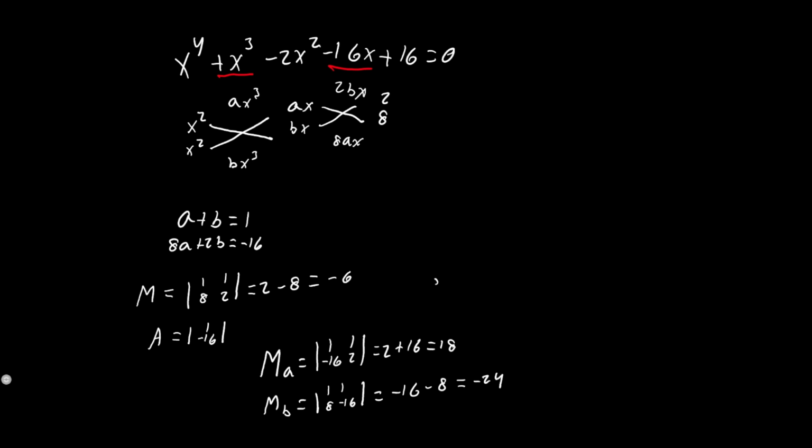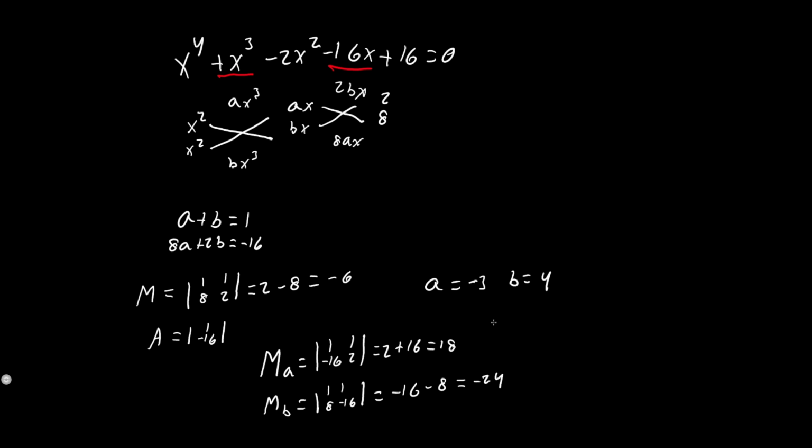So we get A is equal to negative 3, and B is equal to 4, since 6 times 4 is 24, and 6 times 3 is 18. So now we have our A and B values.